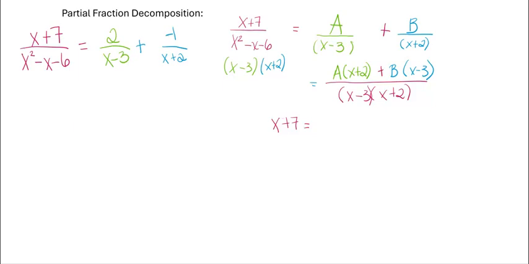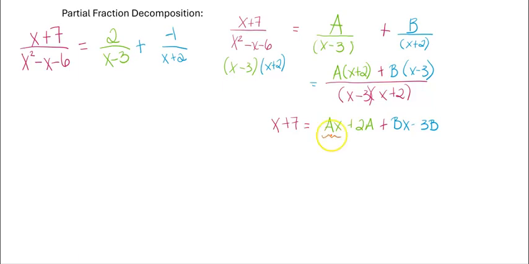So what I'm going to do now is distribute my A to get Ax plus 2A, and then I'm going to distribute my B to get Bx minus 3B. And now what I want to do is collect like terms.